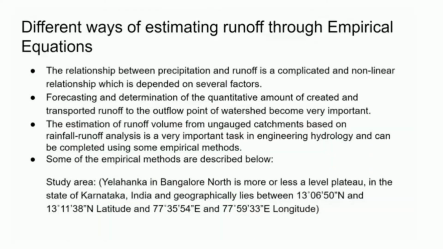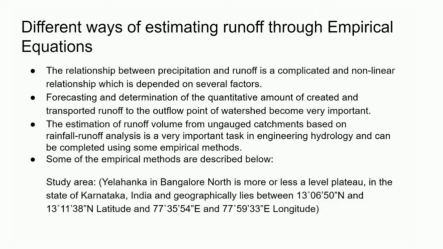Empirical equation. Different ways of estimating runoff through empirical equations. 1. The relationship between precipitation and runoff is a complicated and non-linear relationship which is dependent on several factors. 2.